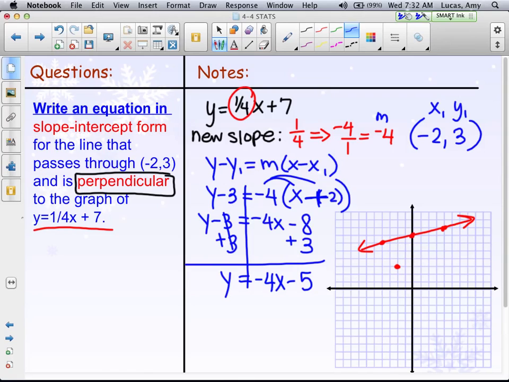So my intercept is negative 5, and my slope is negative 4, or negative 4 over 1. If I go down 4/1, it's not going to get me any closer to that original line. So I need to reverse my slope: up 4, back 1, up 4, back 1, up 4, back 1, like that.